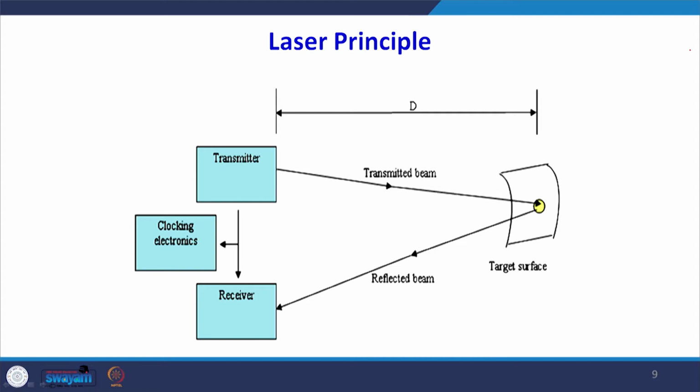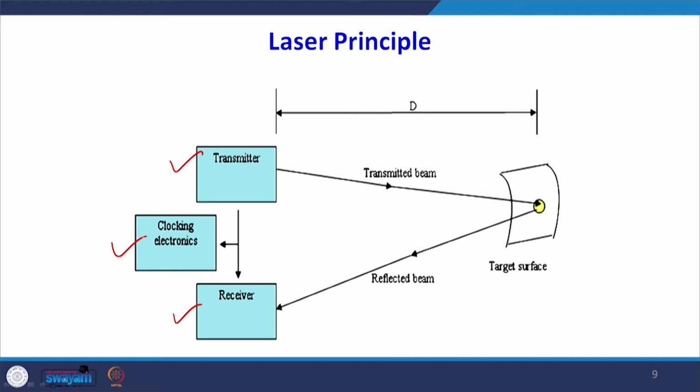So these are some of the utilities of why we should go for LiDAR data, and this is the laser principle on which all the LiDAR-based devices are based. If you look at this diagram, we have a transmitter, a receiver, and some device, clocks, for reading the time.